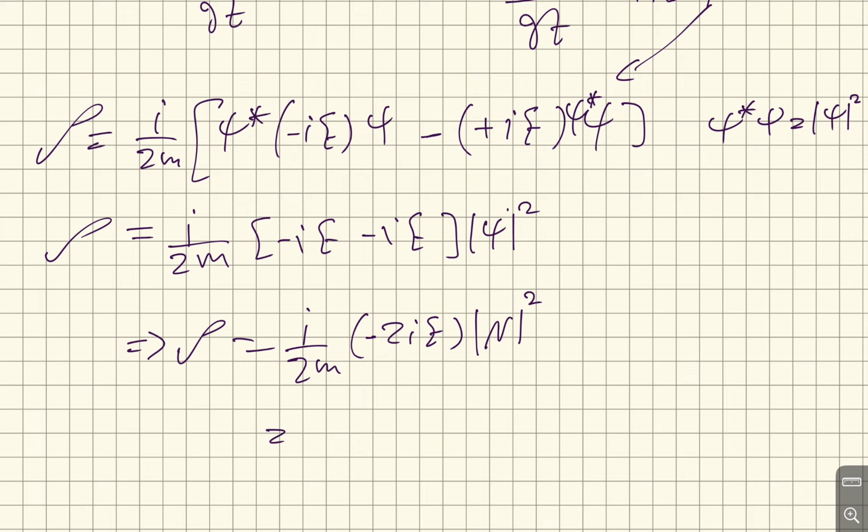The 2 goes with the 2, and we end up with rho for Klein-Gordon equals E over m times the square modulus of n.